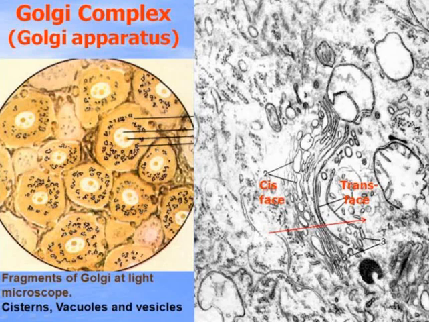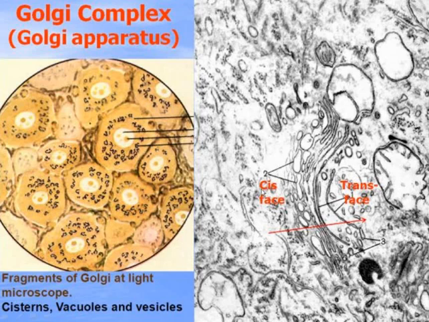It consists of a package of flat cisterns, up to 30. They are concave, and the Golgi complex has two faces: the cis face directed to the cell nucleus, and the trans face directed to the cell membrane.